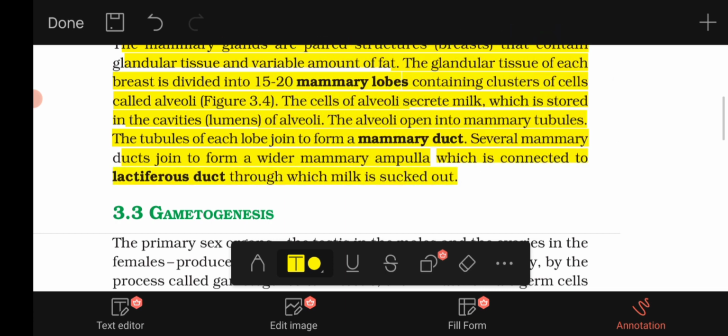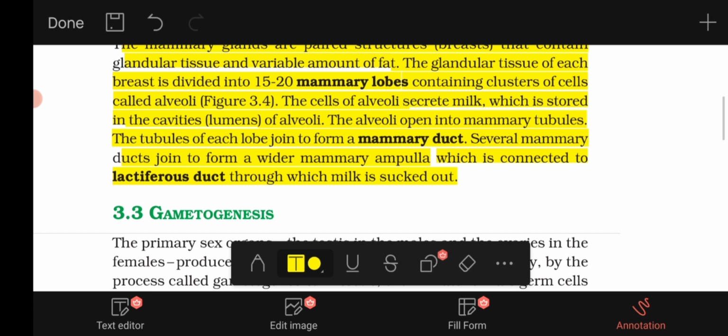Okay, so actually what happens is there are basically two components. One is glandular tissue, and another is a variable amount of fat, which is also required for providing cushion or support, and it also acts as a shock absorber. The glandular tissue is divided into 15 to 20 mammary lobes.